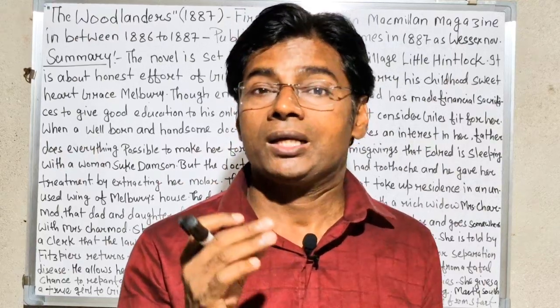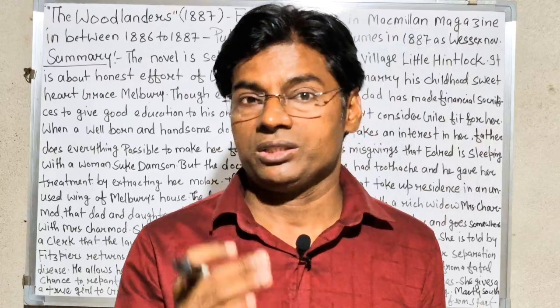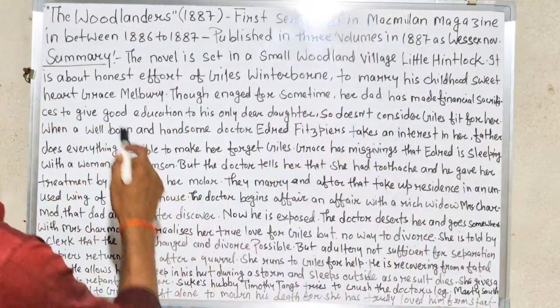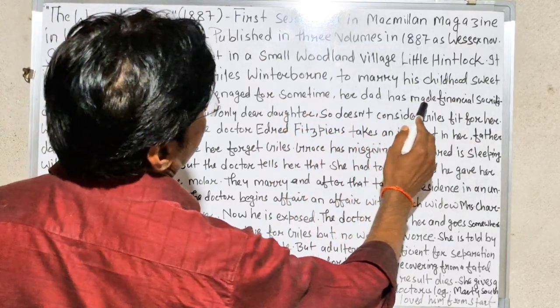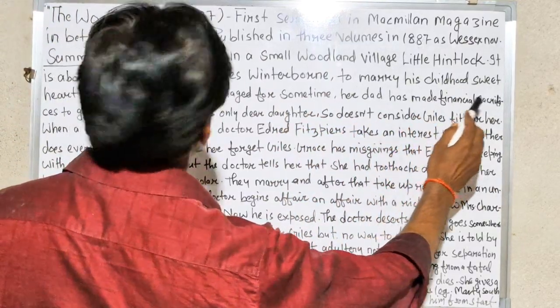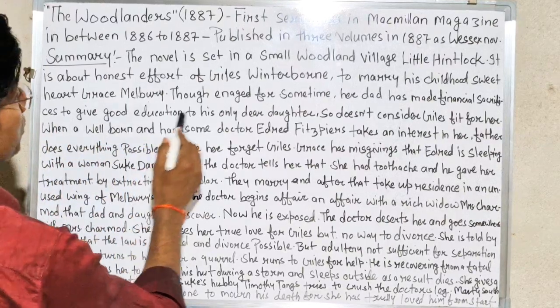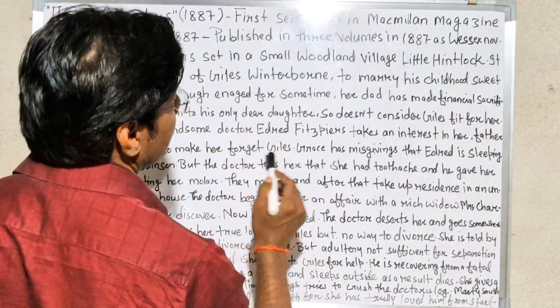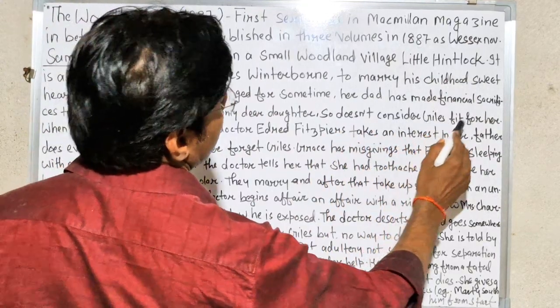well-educated daughter. See what happens. Though engaged for some time, her dad has made financial sacrifices to give a good education to his only dear daughter, so he doesn't consider Giles fit for her.